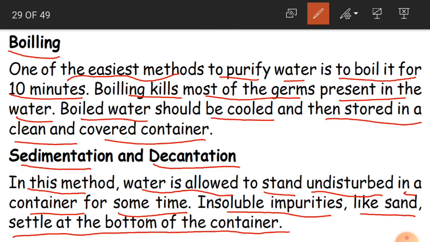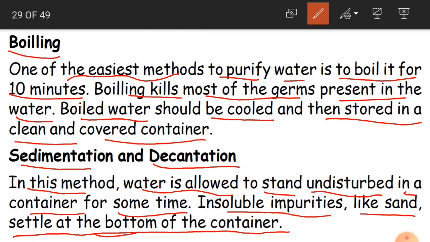So what happens by this process? The impurity, what is that? It is sand. So the sand is going to settle at the bottom of the container, at the downside, the end of the container. All the sand, whatever there is in the water, is going to come down. Have you seen this, children?